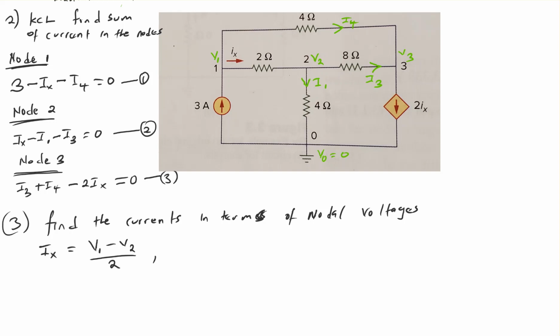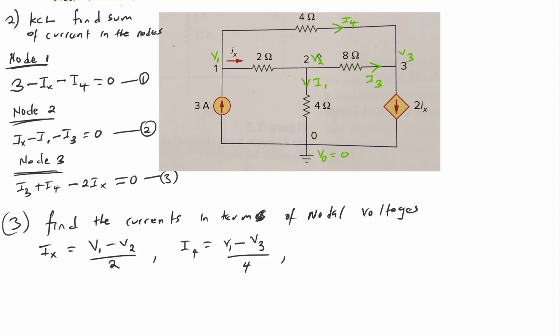Similarly, I4 is flowing from V1 to V3, so from higher potential to lower, so I4 is going to be V1 minus V3 divided by the resistance of the branch, which is just 4.